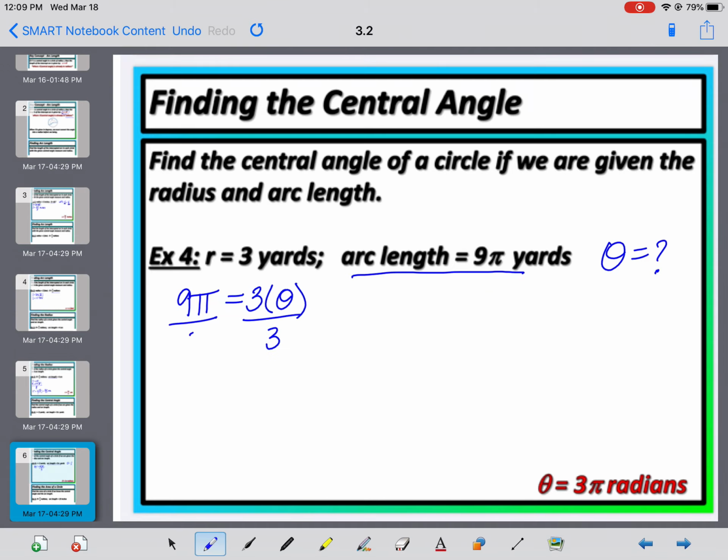Divide by 3. So 3 pi equals theta. This is going to be 3 pi radians, because we remember using our formula, theta is measured in radians.